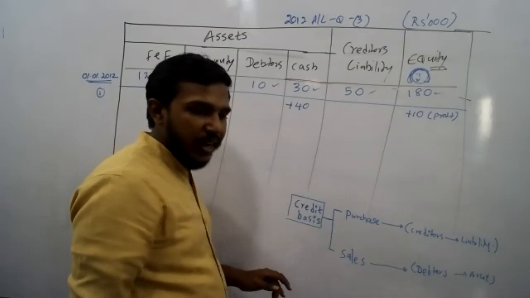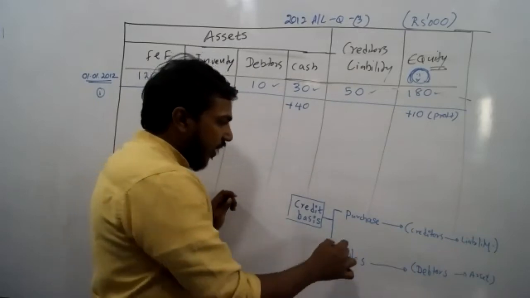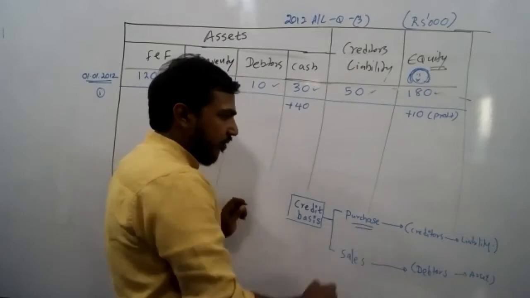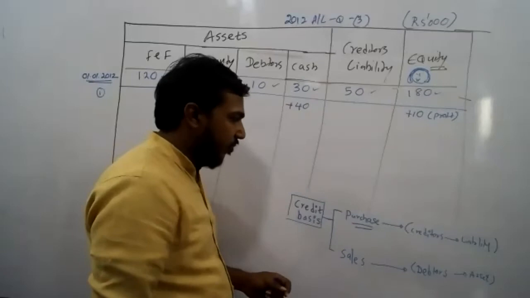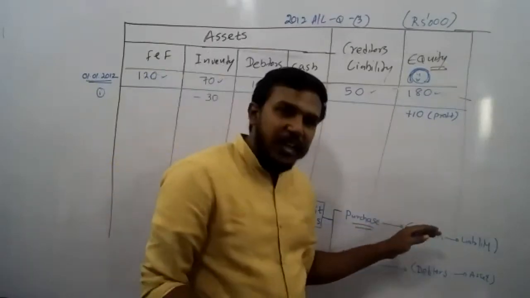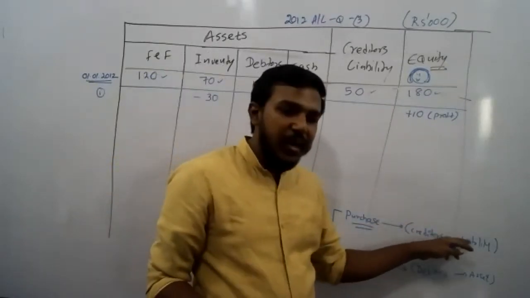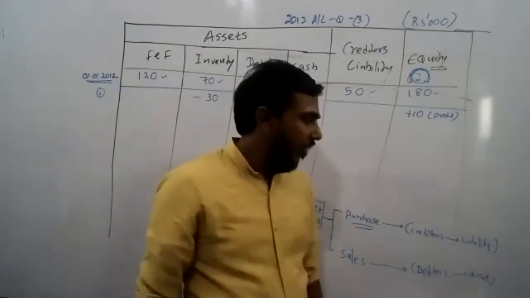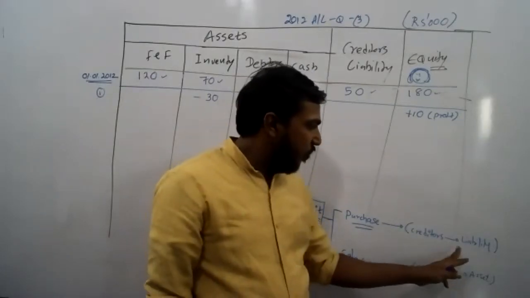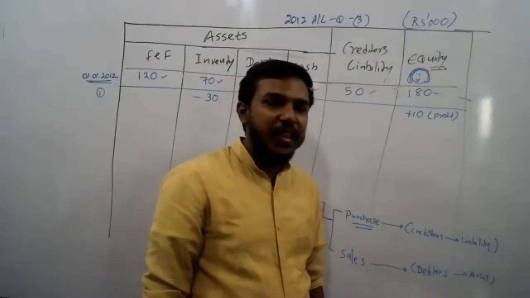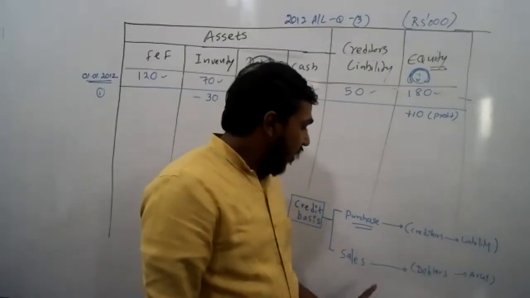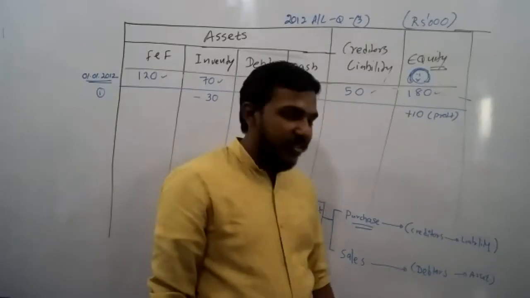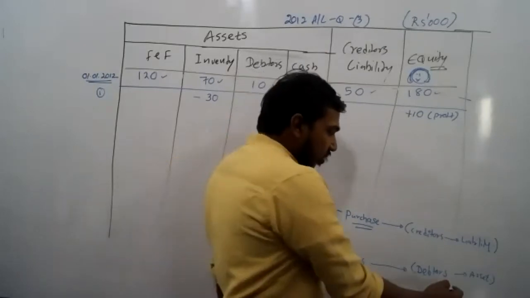If you purchase some goods on a credit basis, then what is it? If there are any credit basis purchases, it's a liability. If there are any credit basis sales, you get an asset called debtors.